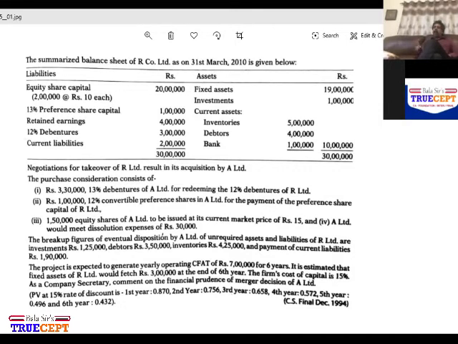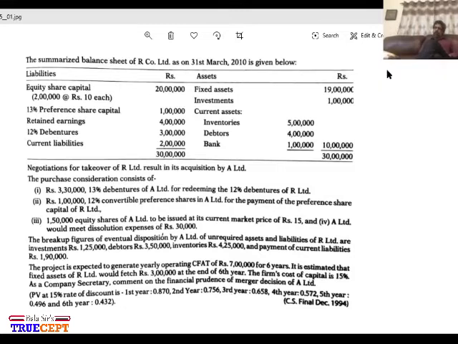Now, how do you go about this example? Let me set the context first. The first step is to calculate the cost of acquisition. If you notice at time 0, what are the cash inflows and cash outflows?